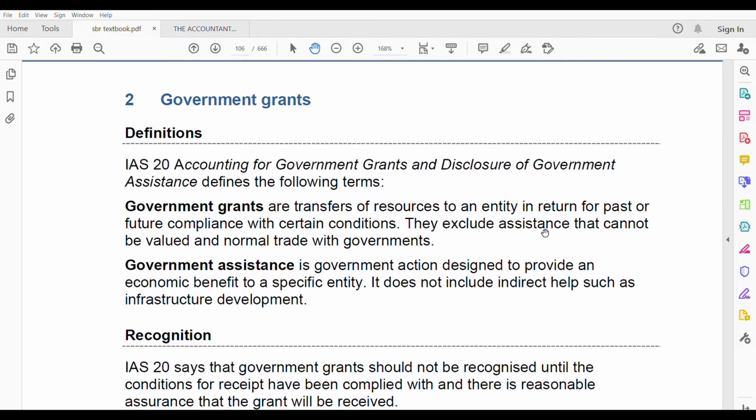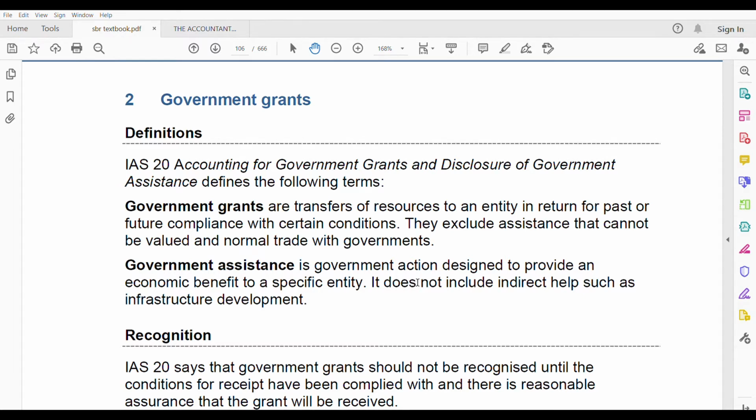So they exclude assistance that cannot be valued in normal trade with governments. Remember, assistance that cannot be valued is not taken as government grants. And also, when you are doing normal trade with governments, that is also not taken as government grants.